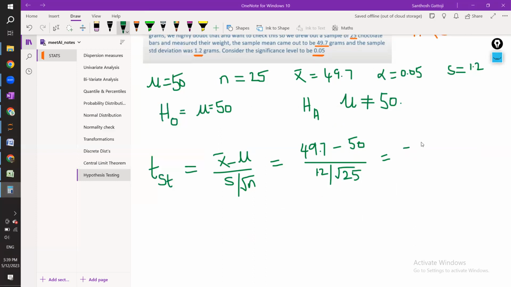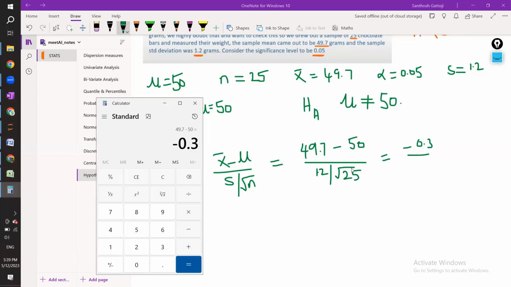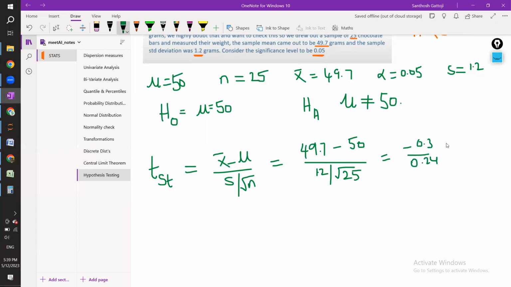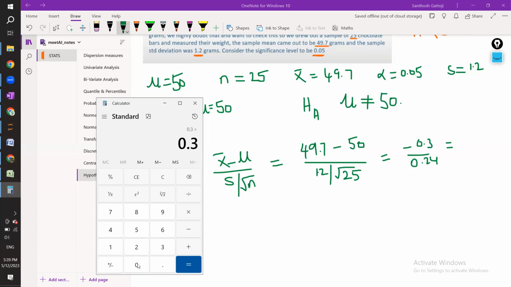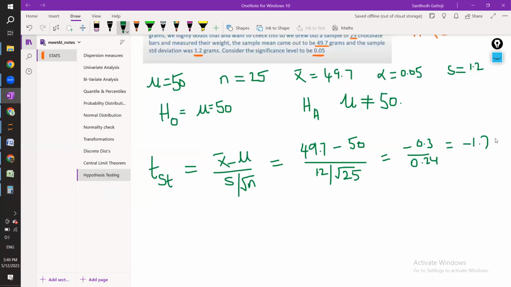The square root of 25 is 5, and 1.2 divided by 5 is 0.24. Now minus 0.3 by 0.24 is minus 1.25. Agree?